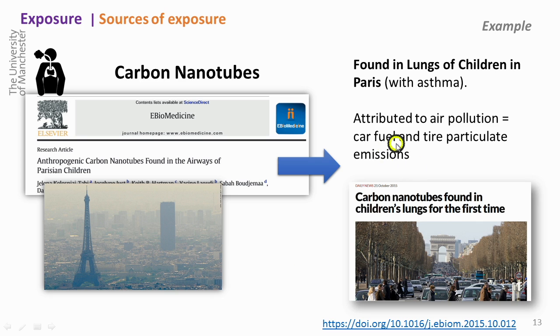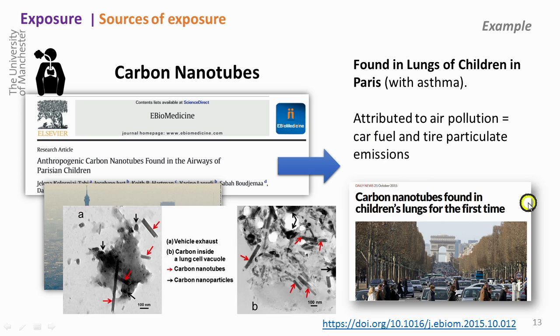And this was attributed to air pollution, so car fuel and tire particulates that generate this carbon nanotube or carbon nano-object. So, for example, let's compare. This is a TEM image of vehicle exhaust on the left-hand side, where you've got these kinds of nanotubes, and this is material collected from inside the human lung, in this specific case, the children with asthma.